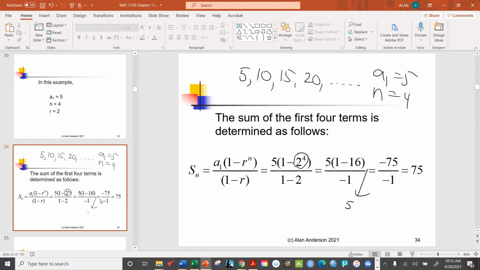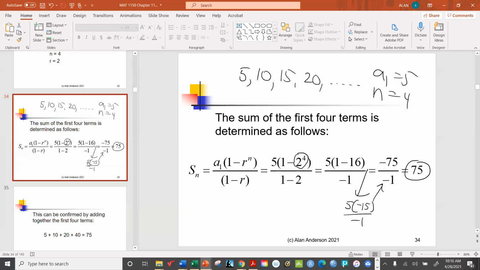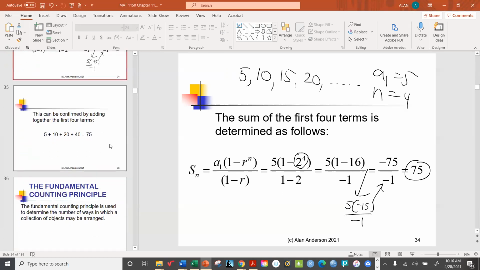This is actually 5 times minus 15 over minus 1, which in turn equals negative 75 over negative 1, which reduces very nicely to positive 75, which is exactly what we were expecting. And so there you go. It wasn't that bad, but when the numbers get large, it can get a little more complicated. But basically, it's not a very difficult formula.